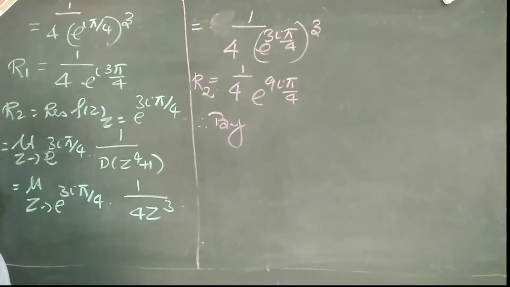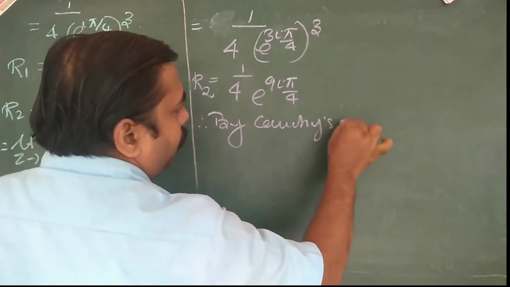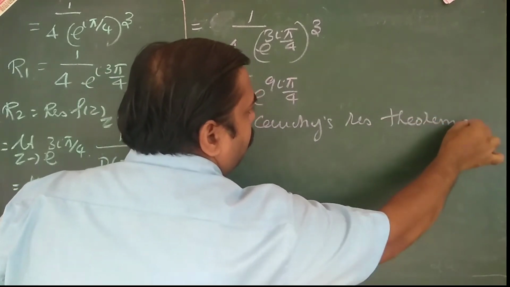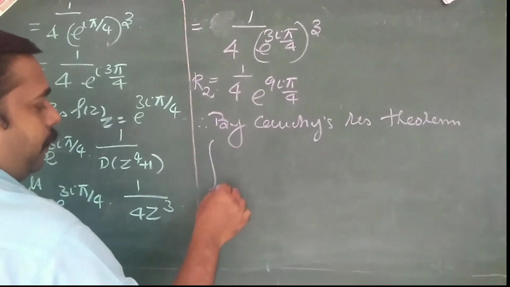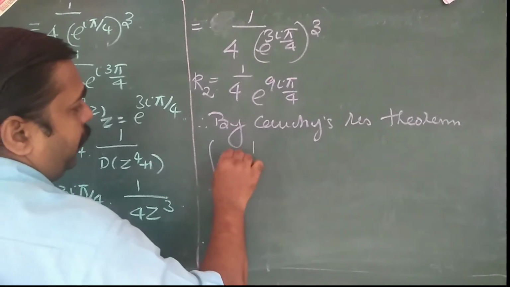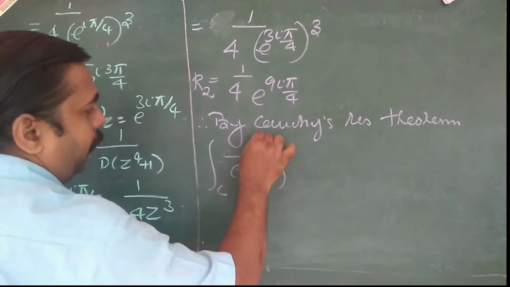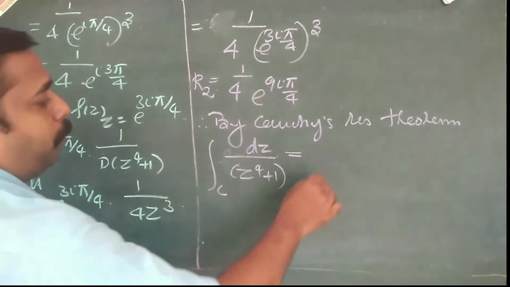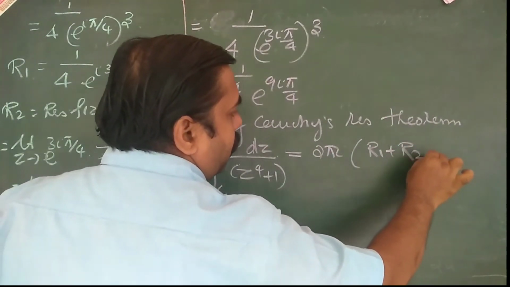Therefore, by Cauchy's residue theorem, the integral over C of f of z, our question being 1 by z raised to 4 plus 1 dz, is equal to 2 pi i into R1 plus R2.